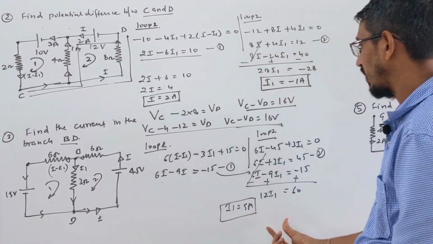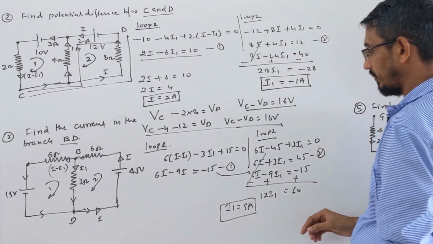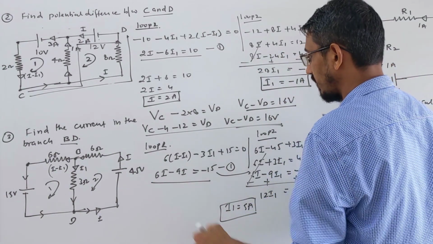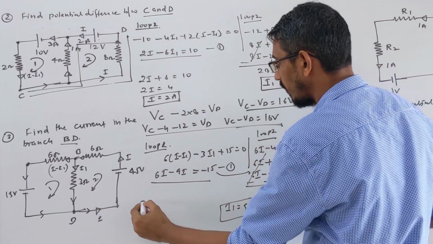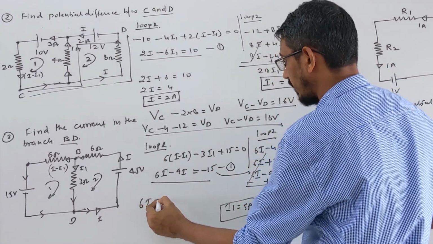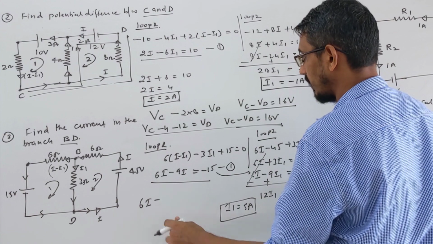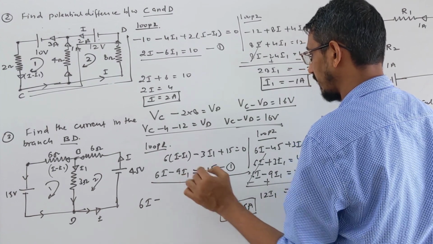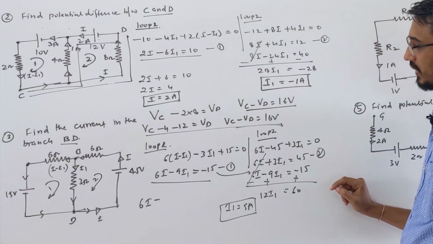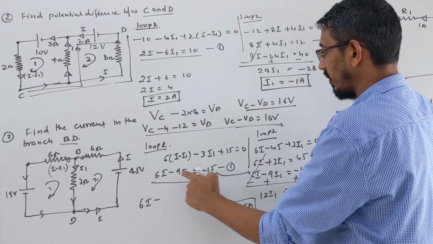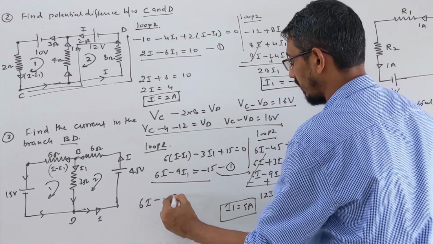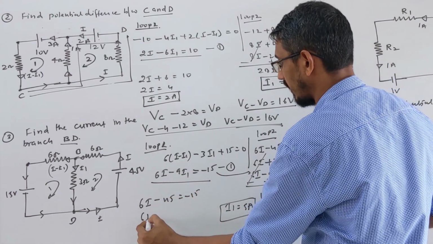Okay, I1 we have found, so let's find I from this equation. Look here, 6I minus 9I1, sorry I am writing a little wrong, this is I1, right? Yes, correct only. So I1 we found, 9 into 5 is 45, equal to minus 15 plus 6I.